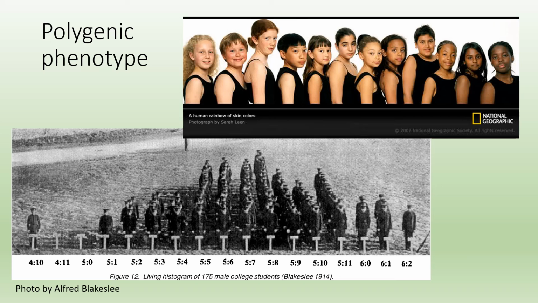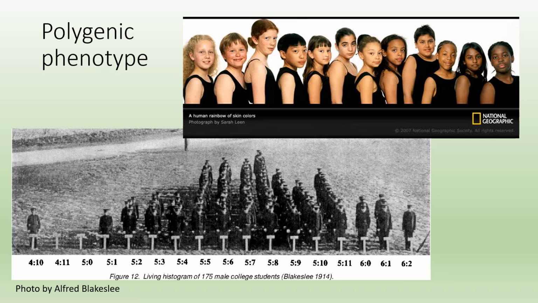These variations, if you map them out, often look like what we call a bell curve. And you can really see this in the bottom image. This is height. And height also has a lot of different genes involved.